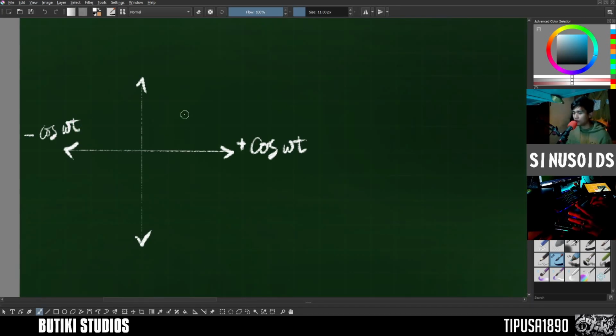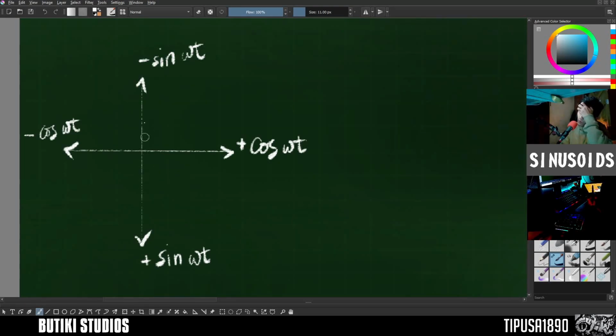So unlike sa atong x ug y axis, naapod ta dire sine supposed to be sine 1, then dire pod sine. But nabali ni siya dire ang positive, dire ang negative omega t. Positive ang dito, negative ang sa ibabaw, nabali ang y axis. So yun na din ang may tabo karon.